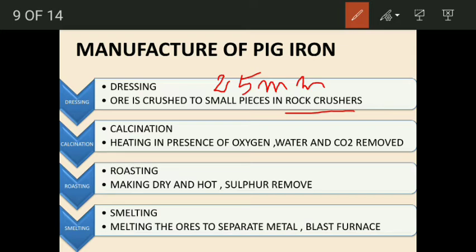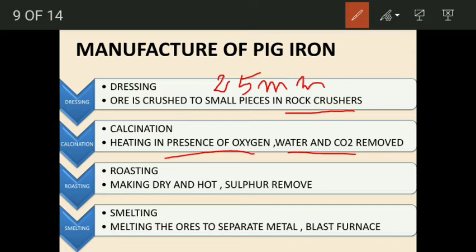Next, after the dressing process, calcination is done. It is a process of heating the iron ores in the presence of oxygen so that the ore gets oxidized and the water and carbon dioxide get removed. Next process is roasting.